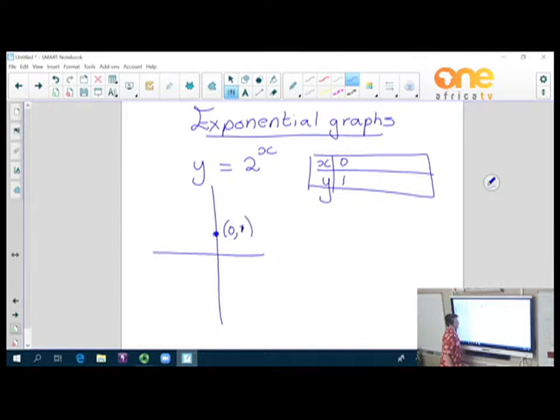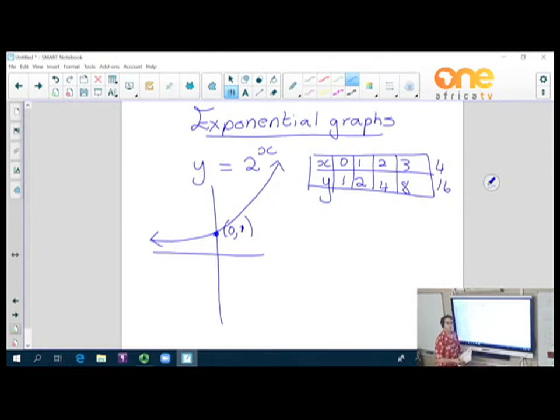Then the next one is 2 to the power of 1 is 2, 2 to the power of 2 is 4, 2 to the power of 3 is 8. And it grows now very, very rapidly. If I draw this graph, it's going to grow very rapidly. You can see if we keep on continuing, 2 to the power of 4 is 16.